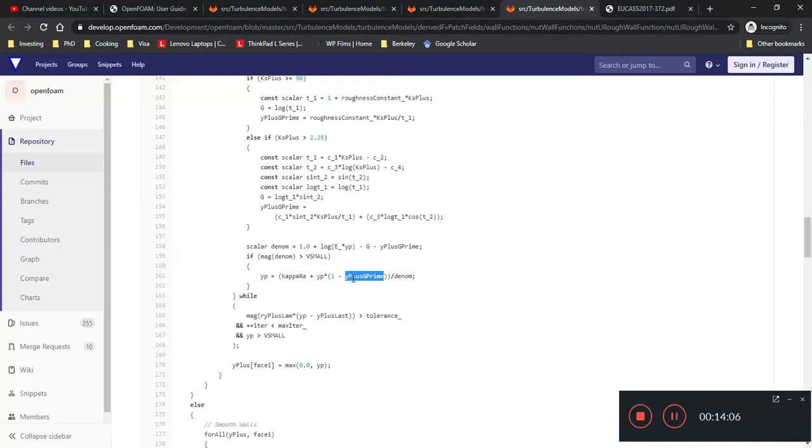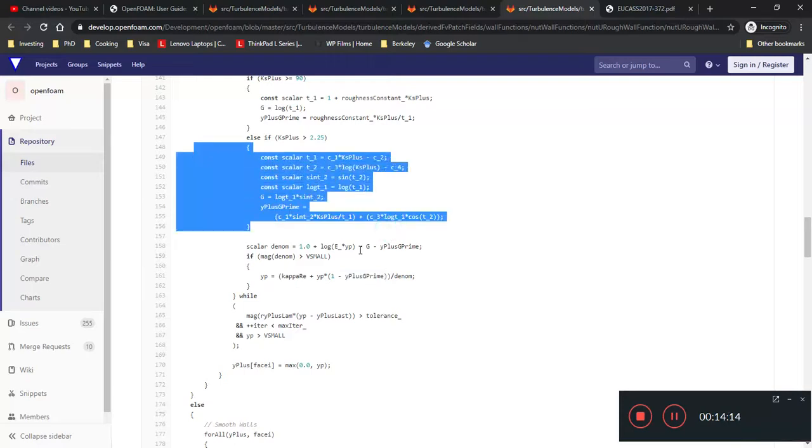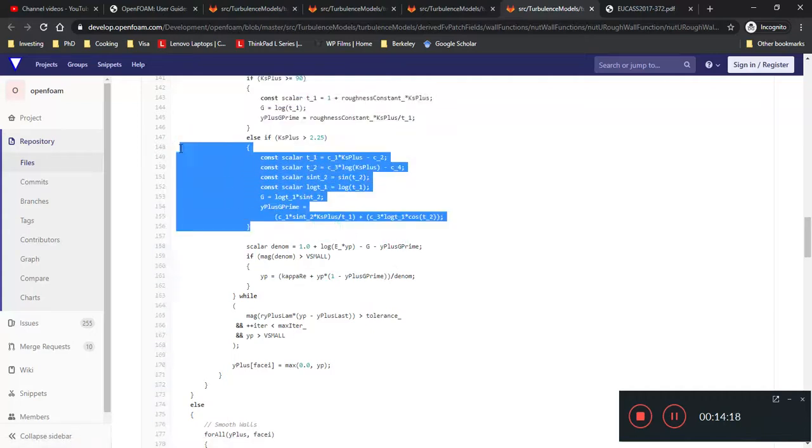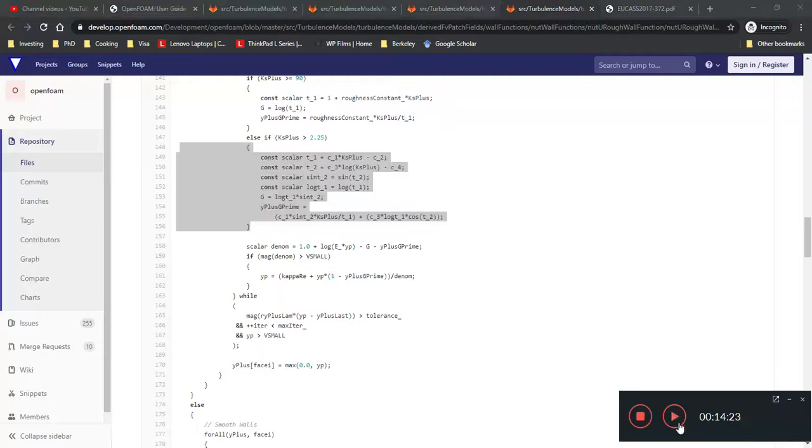Because eventually this y plus g prime term won't really matter, because we just cancel everything out anyhow. All right, we'll just leave it as that, and we'll just see what this actually does. So we take a look at this regime.